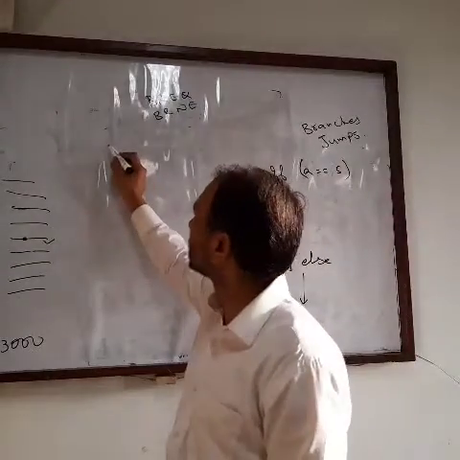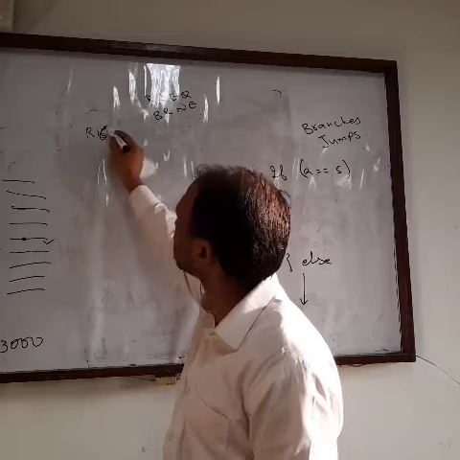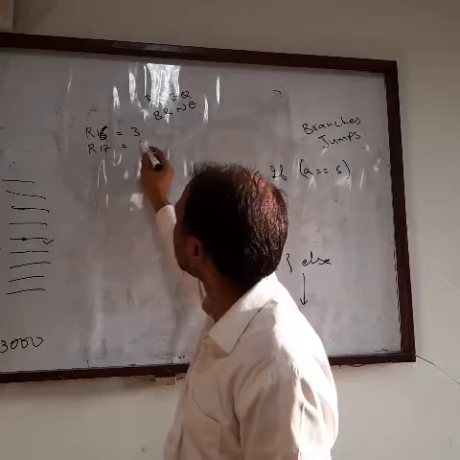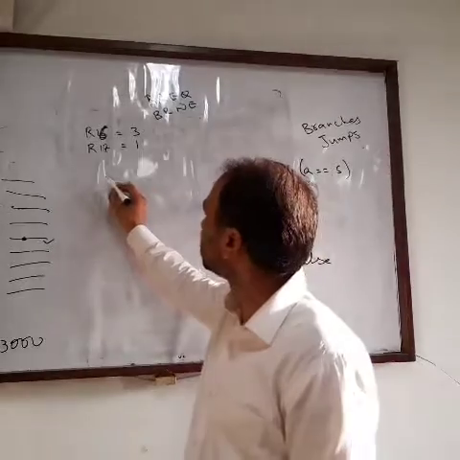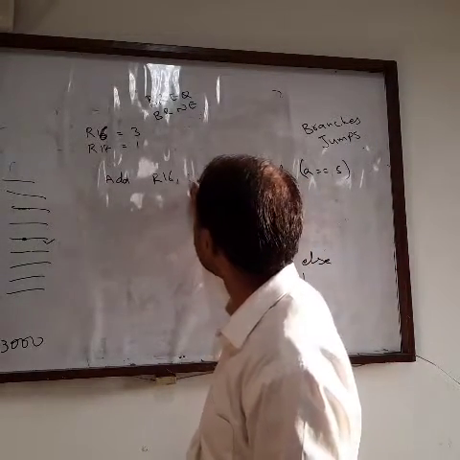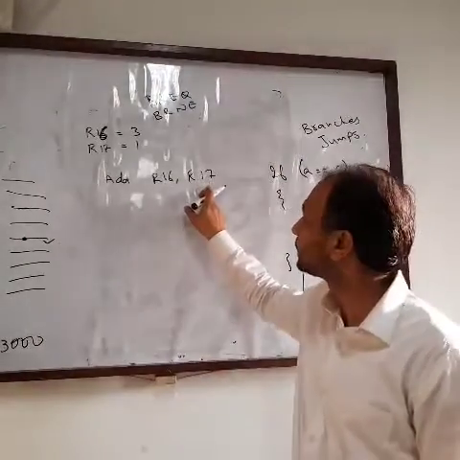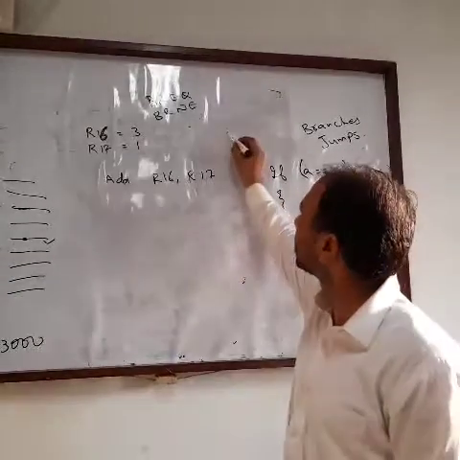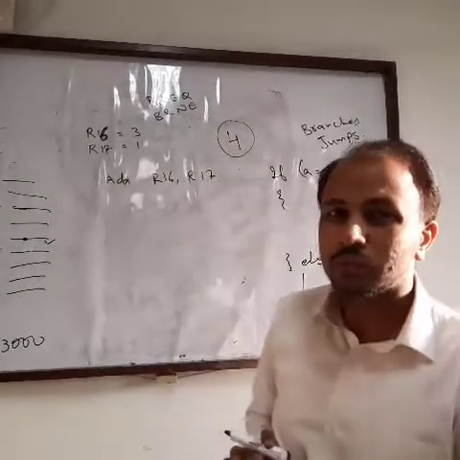For example, in register R16 there was a value 3, and in R17 there was a value 1, and we perform this add R16 R17. What would be the result? The result would be 3 plus 1, 4. So the result of ALU is 4. Is it equal to 0?